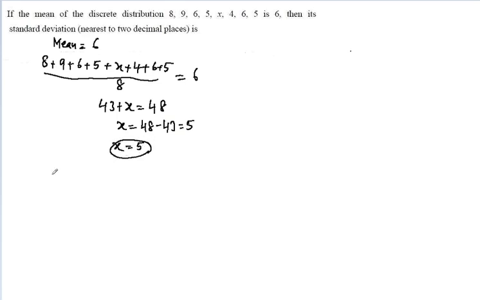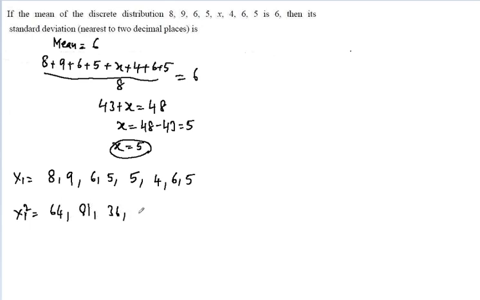So the given data is 8, 9, 6, 5, x value is 5, and 4, 6, 5. These are xi's. Now we find xi square, that is 8 square is 64, 9 square 81, 6 square 36, 5 square 25, 5 square 25, 4 square 16, 6 square 36, 5 square 25.